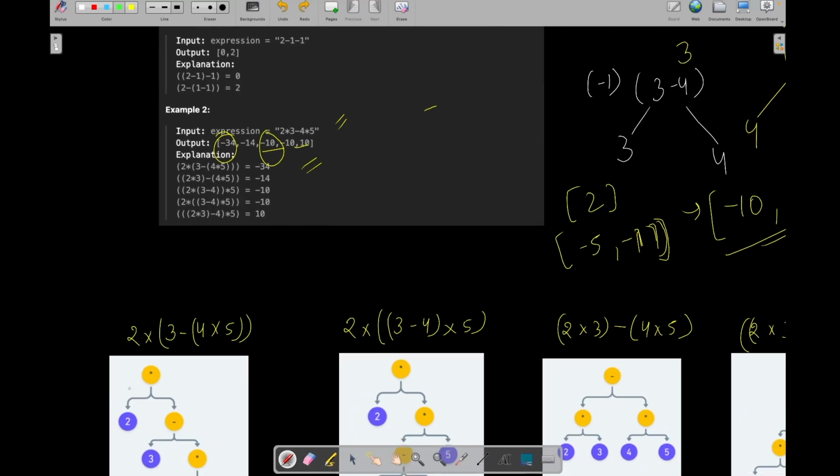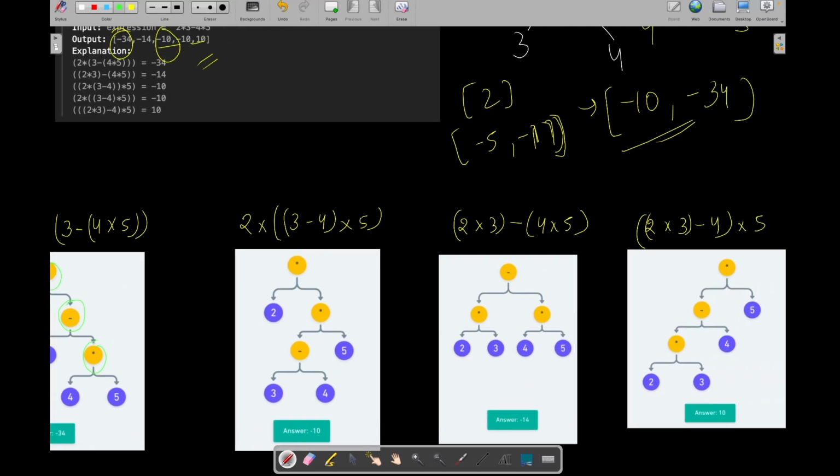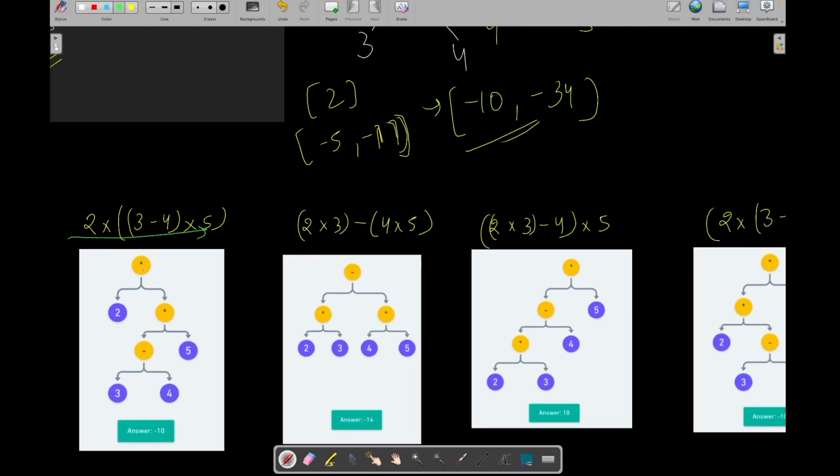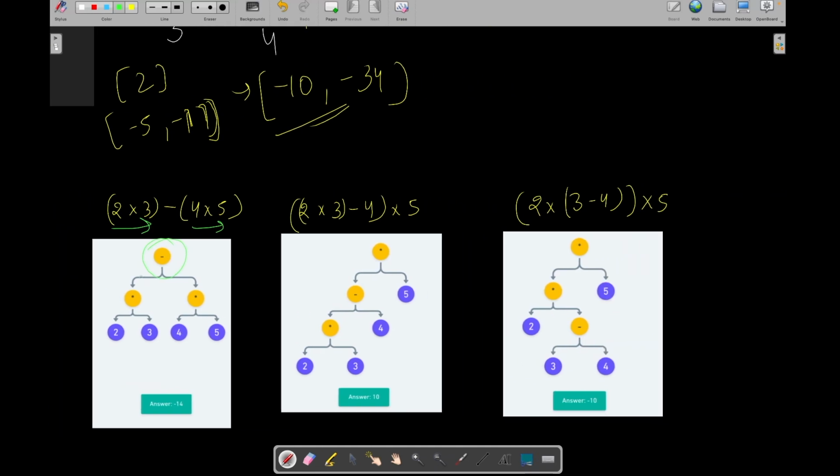Now you can see all the subtrees of this expression. Let's say we divide at multiplication, then subtraction, and then again multiplication, and in this subtree the expression is calculated in this way, and in this subtree first 2 multiplied by 3 and then 4 multiplied by 5, and then the subtraction operation is performed, and so on.